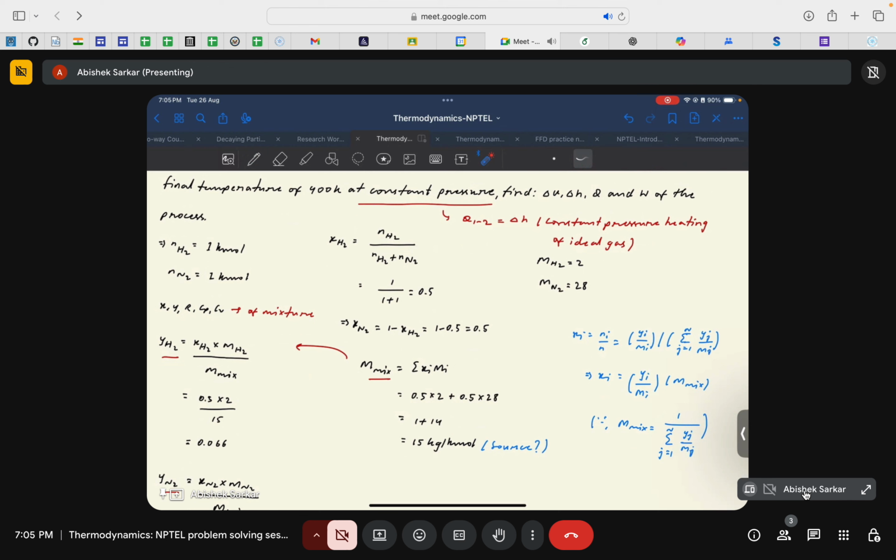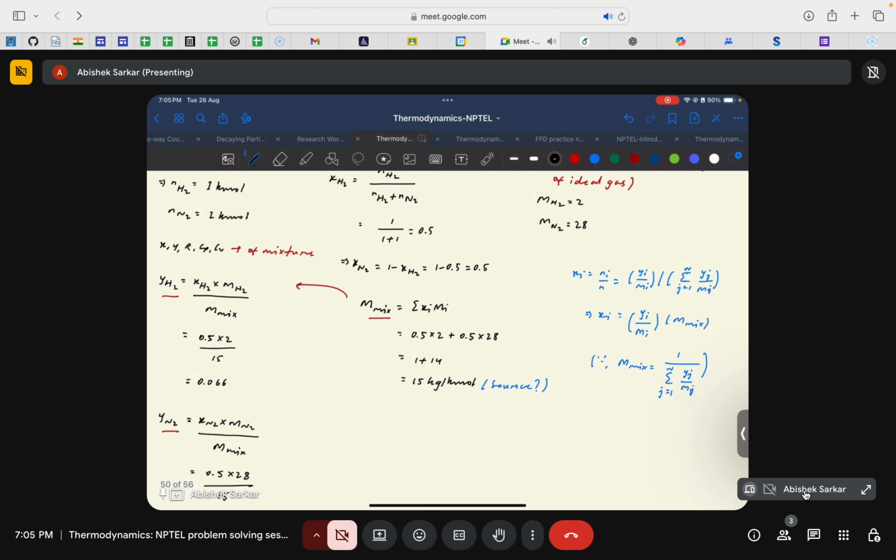So now with M mix in our hand, we can directly attack this relation to find yi. YH2 would be XH2 times MH2 divided by M mix, where XH2 is 0.5 and MH2 is 2, divided by M mix, 15. If you do that, you will get YH2 as 0.066.